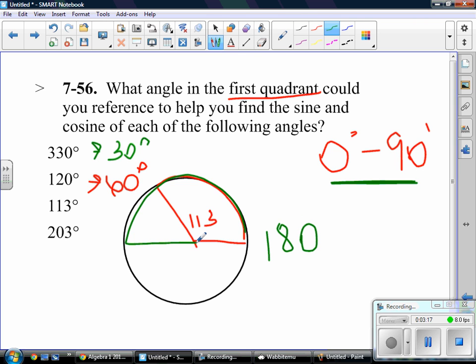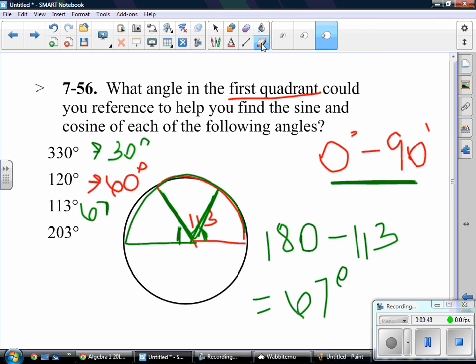So I want to figure out what is this angle right here, because I could just do that same thing in the first quadrant. So 180 minus 113 is going to give me my reference angle. Okay? So 180 minus 113 is going to give me 67 degrees. So if I drew a similar angle over here, they're going to give me similar degrees. Now my reference angle would be 67 here.